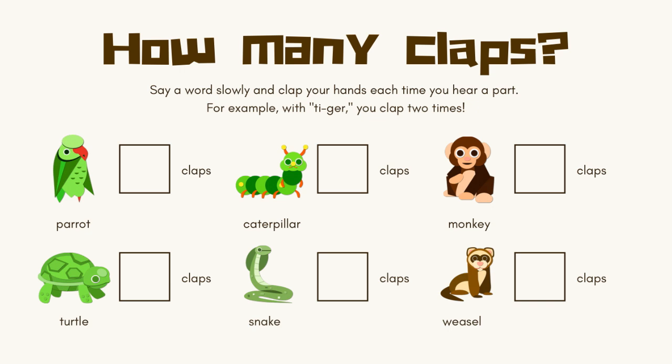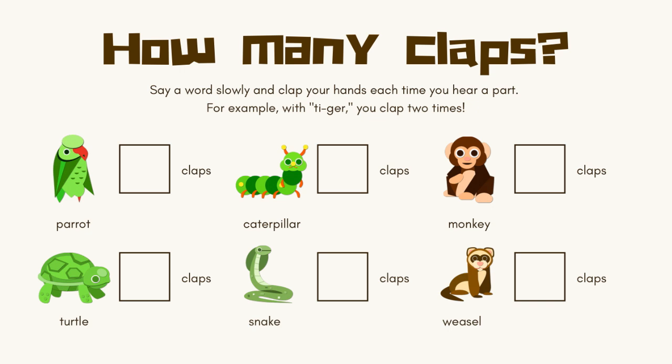This technique is a fun way to improve our listening skills and phonemic awareness, which are crucial for reading and language development. We also see other animals like monkey, snake, caterpillar, turtle, and parrot. Each of these words can be broken down into smaller sounds or syllables, and clapping helps us identify those parts more easily. Notice the pattern of the claps.